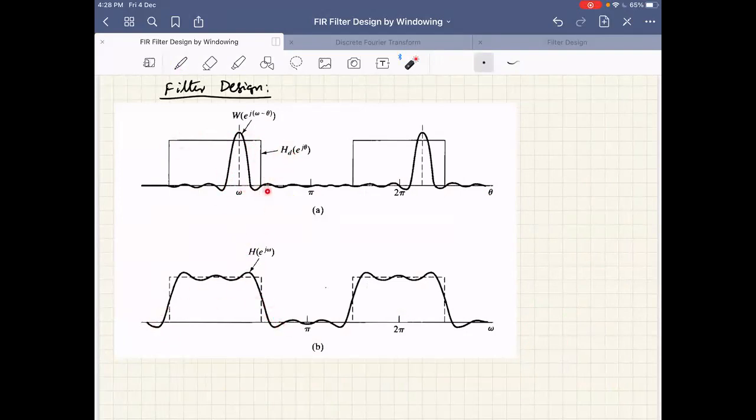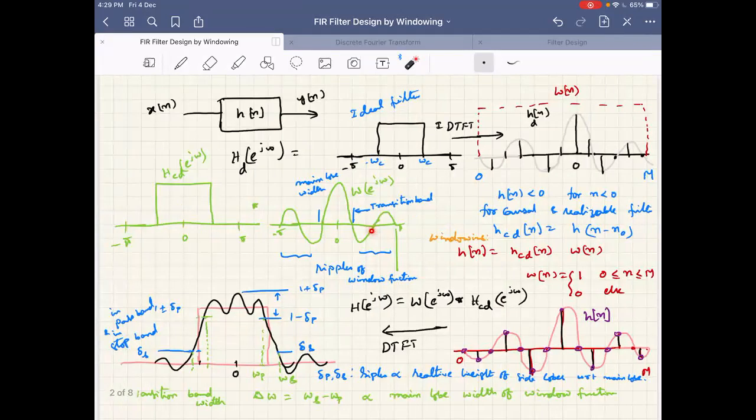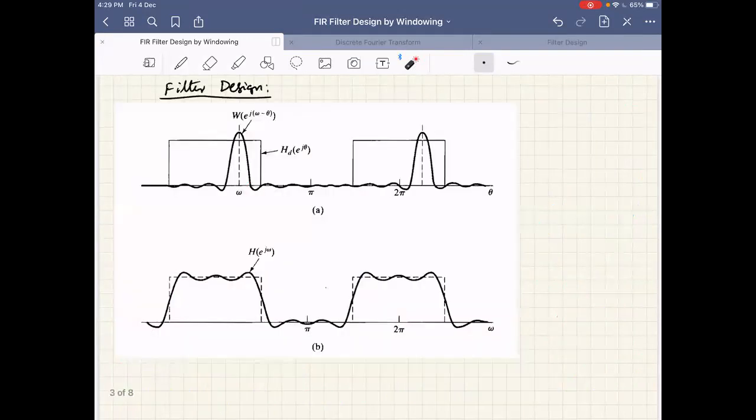Here you can see very clearly, whenever there is an overlap of the main lobe with the pass band, the pass band magnitude comes with ripple, which is attributed to the peaks due to the side lobes. As we discussed, this is referred to as the main lobe and this is referred to as the side lobes. In case the height of the side lobes is higher, the ripples will be higher, either in pass band or in stop band. And how fast we move from the pass band to the stop band depends upon the width of this.